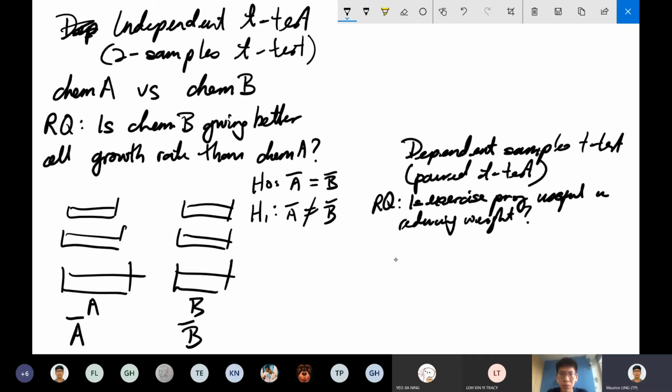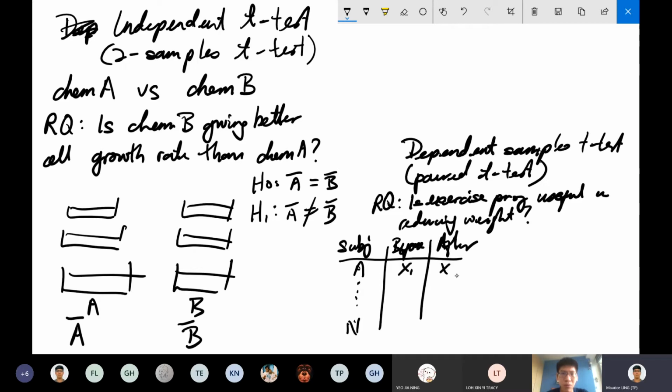So in this case, what you have is, let's say, subject A all the way to some number. Okay. Then you have before weight and after weight. So you have a value here, a value here, 101, for example. Okay, and so on.